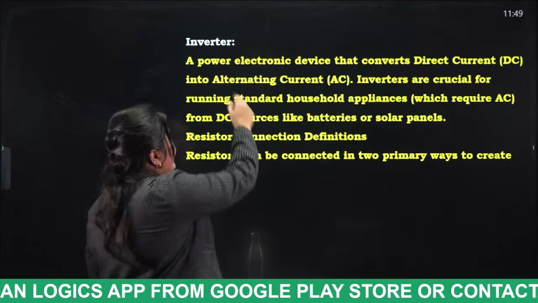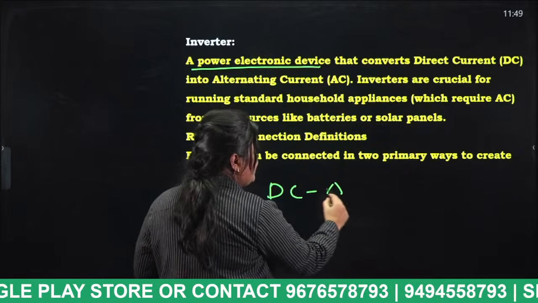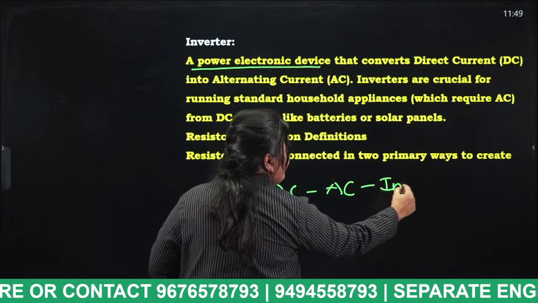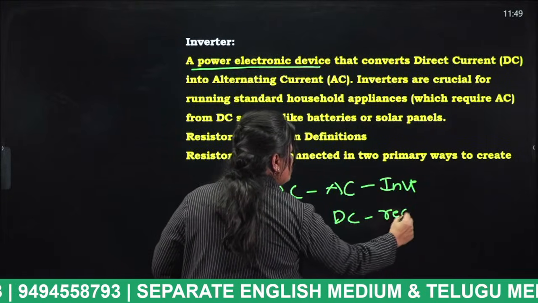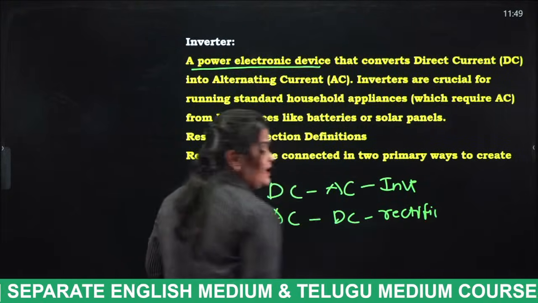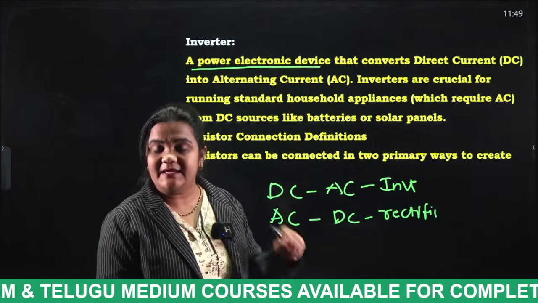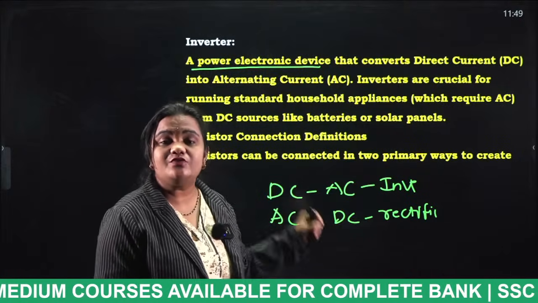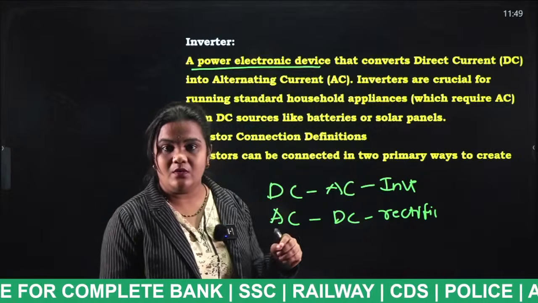Next, the inverter. An inverter is a power electronic device that converts DC to AC. So remember, students, DC to AC means inverter, AC to DC means rectifier. Know this difference. The device which converts alternating current to direct current is a rectifier, and the device which converts direct current to alternating current is an inverter.